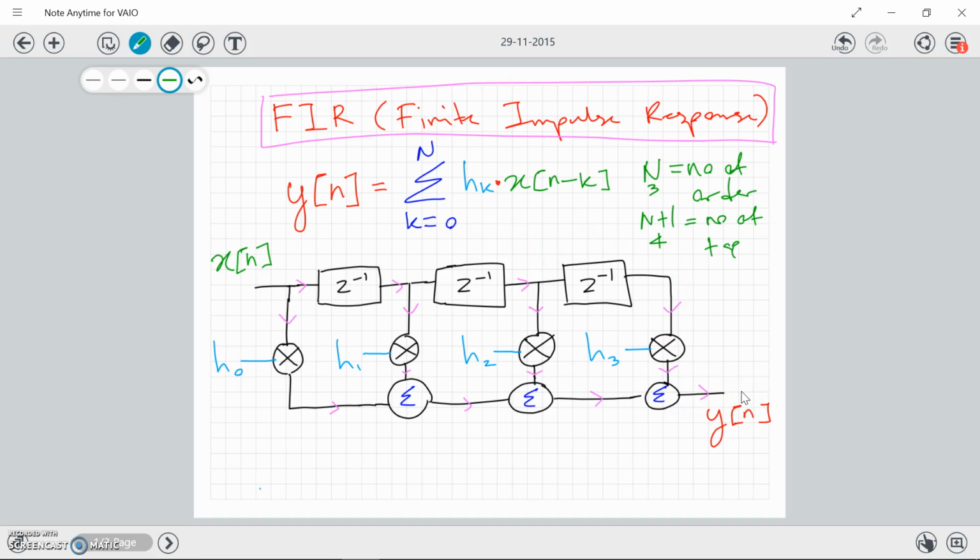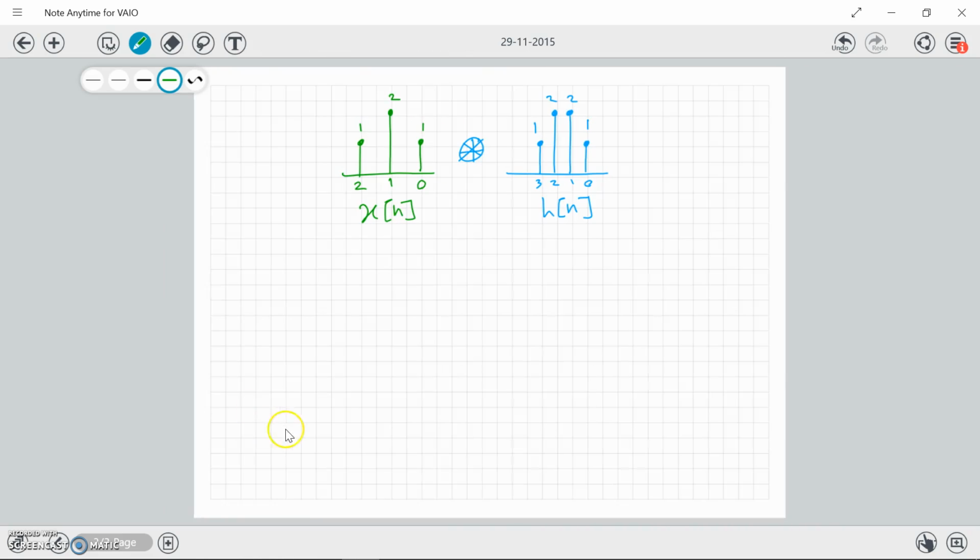How many outputs you're going to have is the number of inputs plus the number of taps minus 1. Let's say in this example we have 3 inputs. So 3 plus the number of impulse response values, which is 4, minus 1.